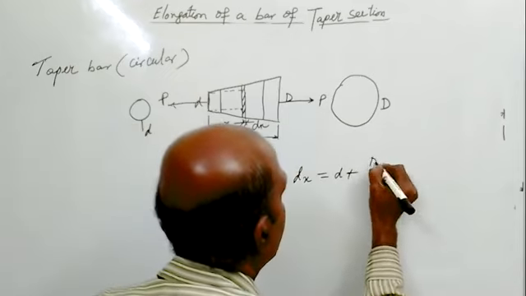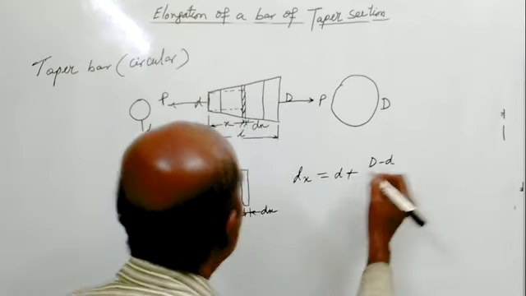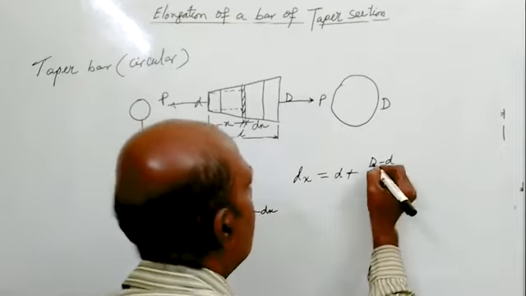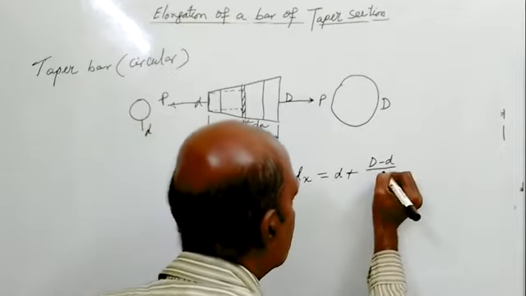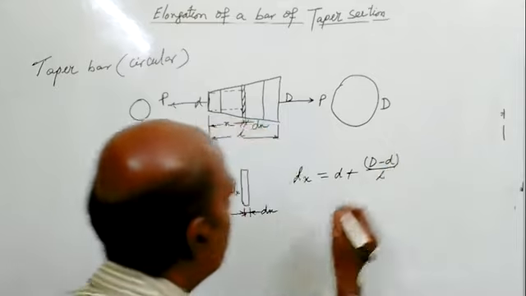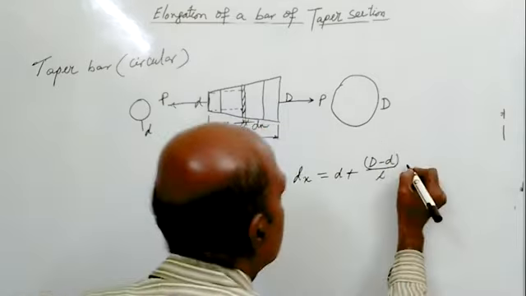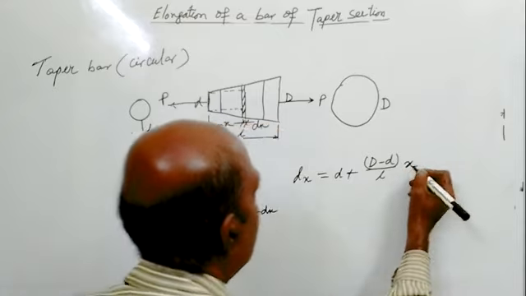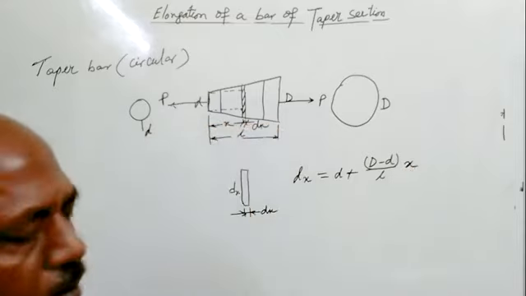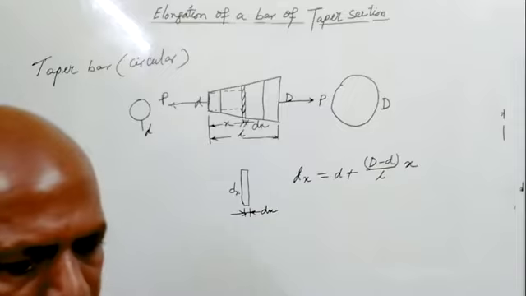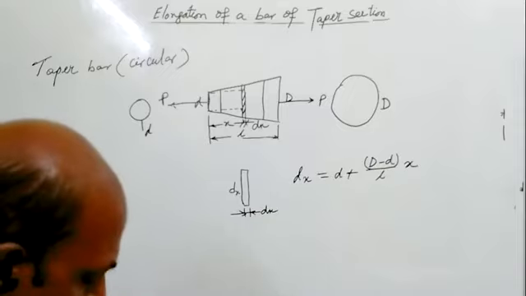That is capital D minus small d, the total increment over a length L. So per unit length, the increment is (D minus d) by L, and for length x, it will be given by d plus (capital D minus small d) by L into x.